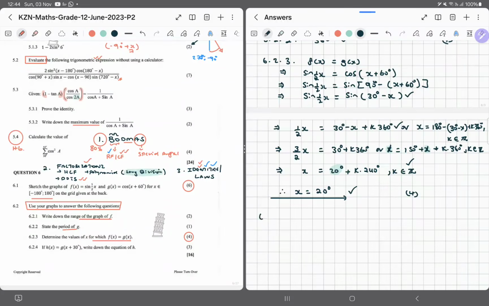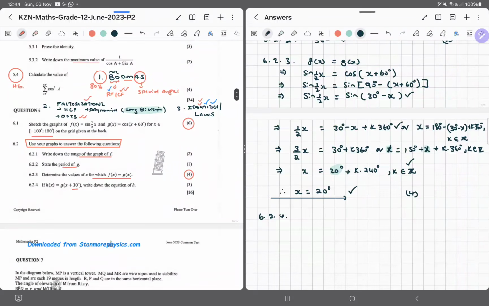So we've got 6.2.4. Now we are told here, if h of x is g of x shifted 30 degrees to the left, write down the equation of h. Now we can do a side calculation here, because we know that h of x is going to be equal to g, which is cos.